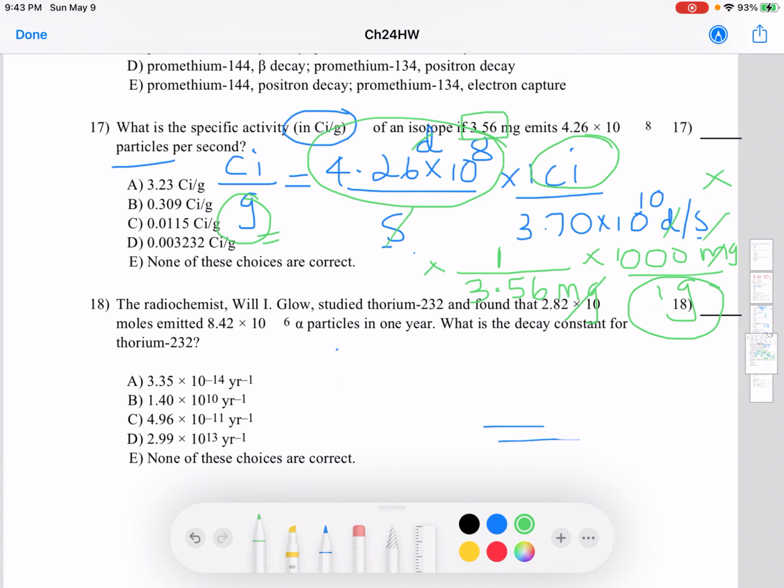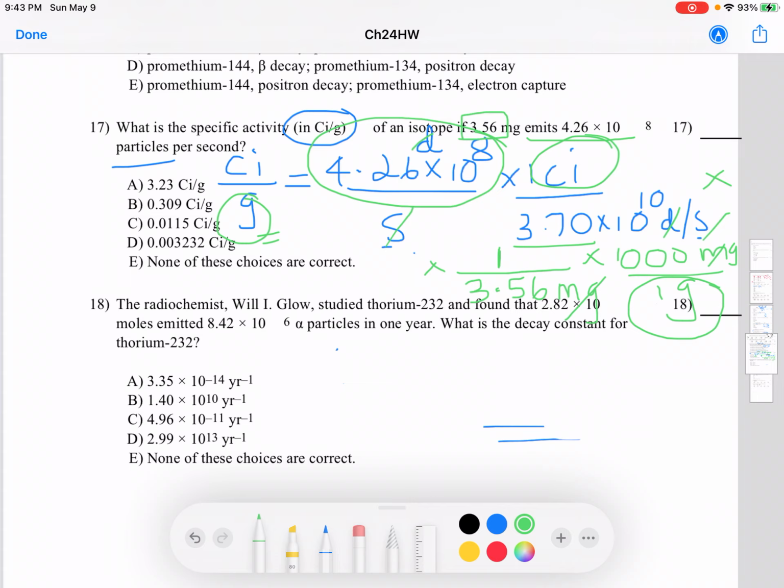Okay. So basically the disintegrations per second that is given to us, how much emits 4.26, we are converting into Curie per gram. So you do the calculation, 4.26 times 10 to the power 8 multiplied by 1000, and you divide it by 3.56 and 3.70 times 10 to the power 10.